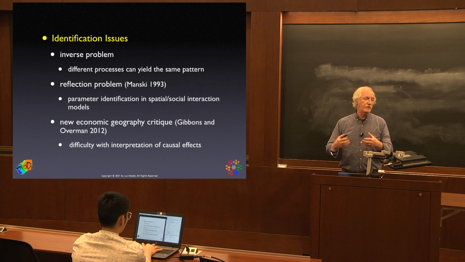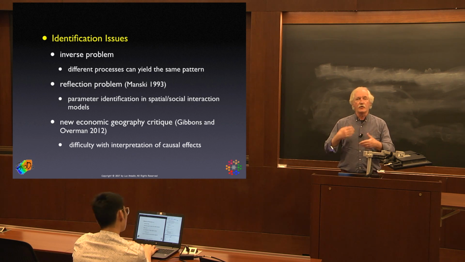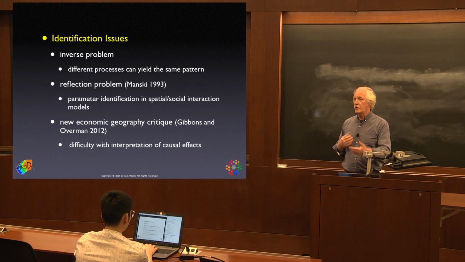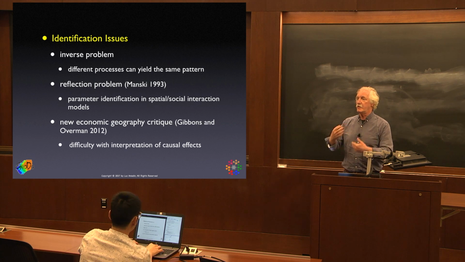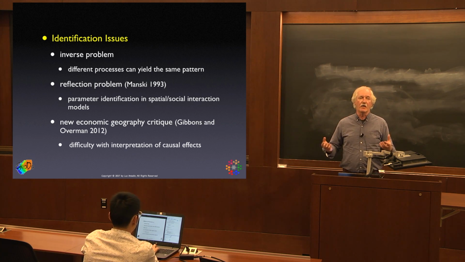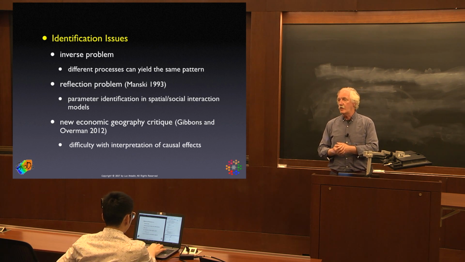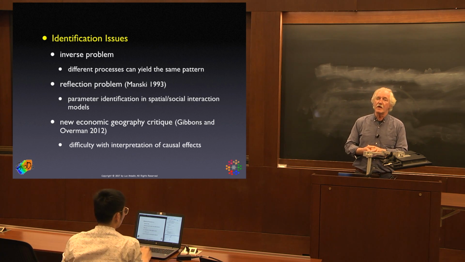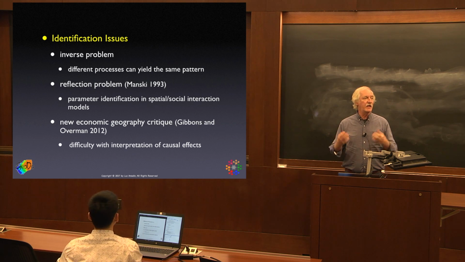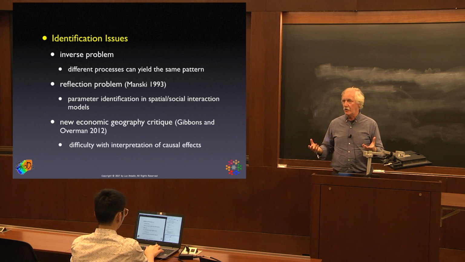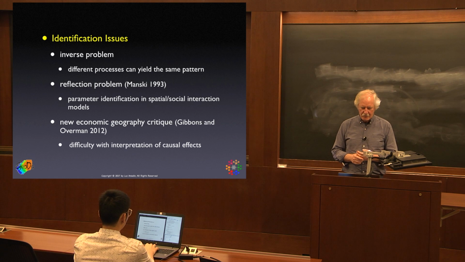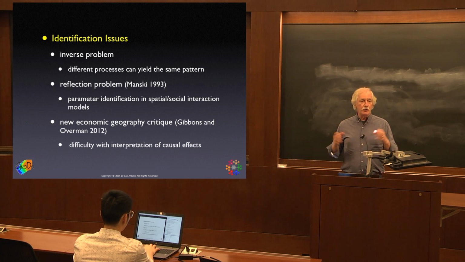Or did they get the disease because of a contagious process where somebody came in with the disease and spread the disease? You can't tell. With cross-sectional data, you have a real problem. So this is something to keep in mind. Again, having data for space and time helps you out of this to some extent. Then there's the two more fundamental critiques.